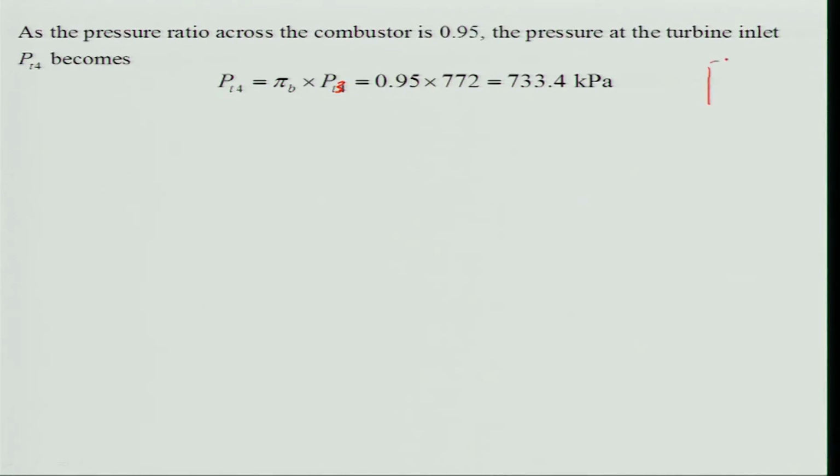If you look at the combustion chamber, it is station 3 and this is your 4. So, pi B will be Pt4 by Pt3. So, Pt4 is equal to pi B into Pt3, 0.95 into 772, that will be a little lower than the Pt3, that is 733.4 kilopascal.